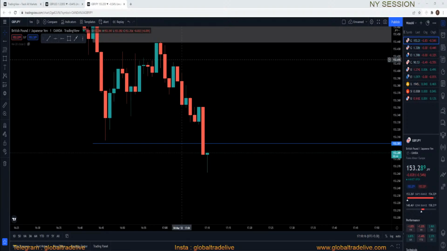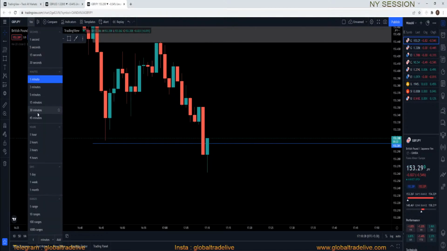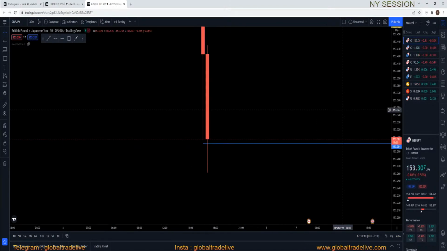Stops have been kept at 6 pips. Let me adjust the stops at 8.5. Perfect. It just went down like 3 pips and now it's going up.